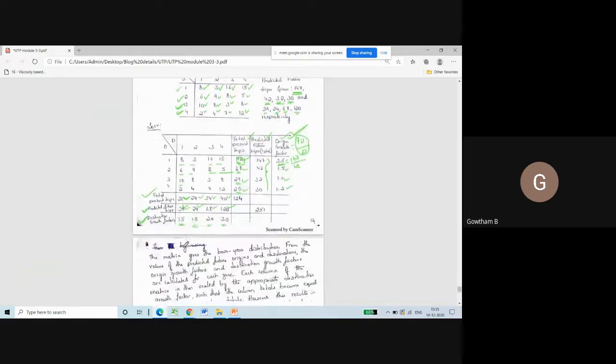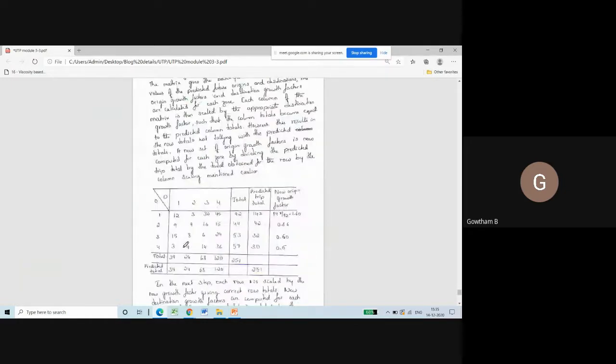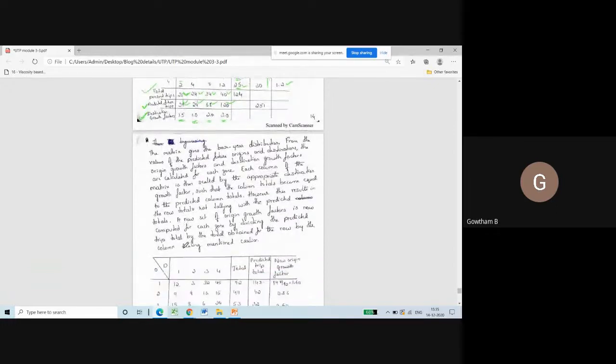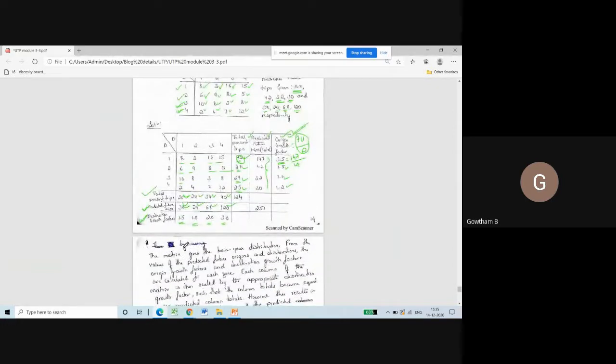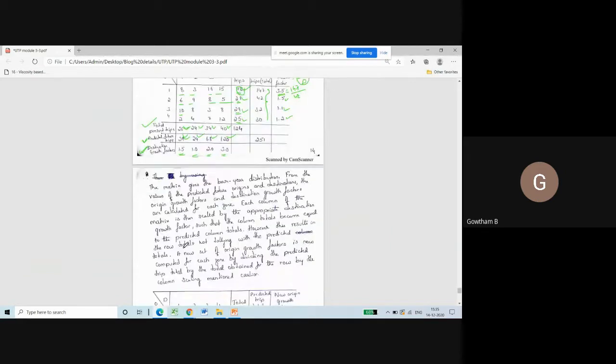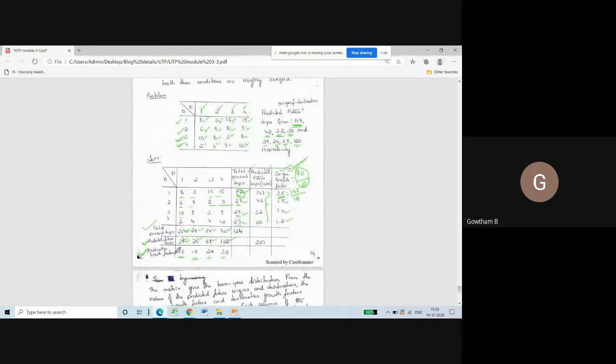Now what to do in the next step? Whatever destination growth factor you found here, you have to multiply it with the current trips flowing into the different areas.